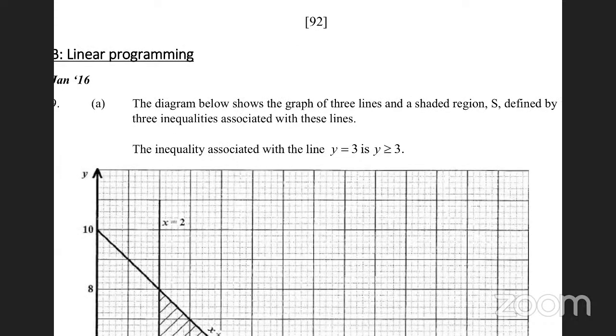The inequality associated with y equal to 3 is y is more than or equal to 3. So watch this here. Anybody remember how to draw the line y equal to 3? Horizontal line or vertical line?